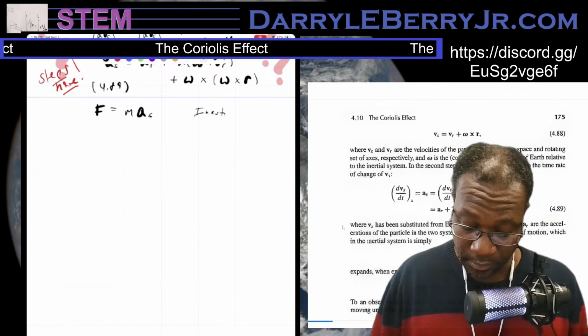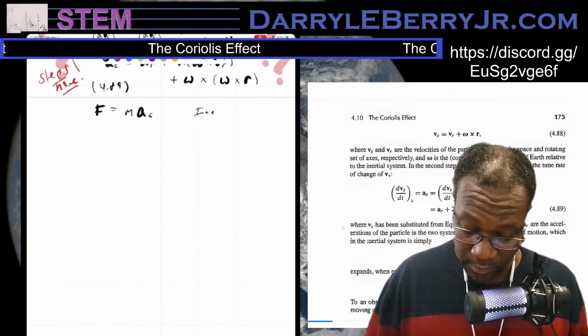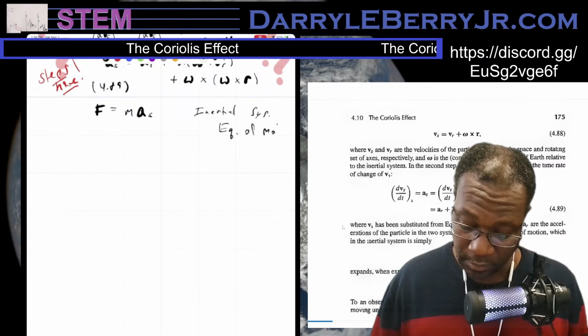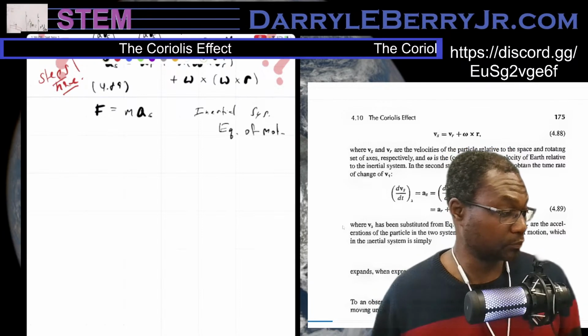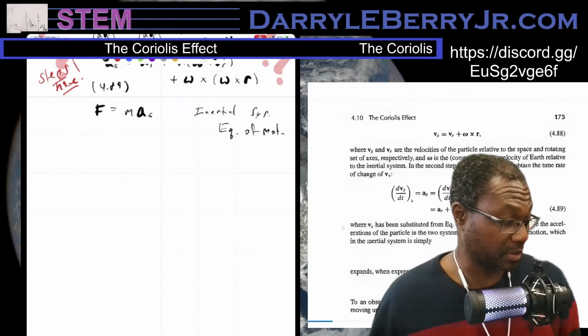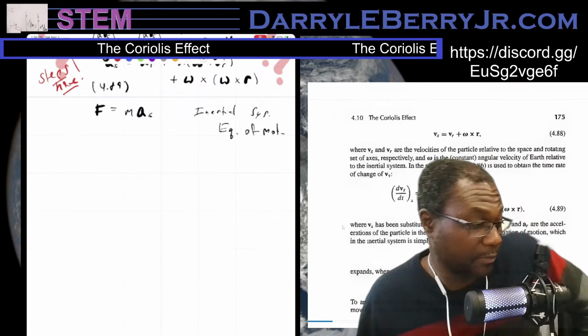Inertial system, equation of motion, expands when expressed in the rotating coordinates into the equation, all right?